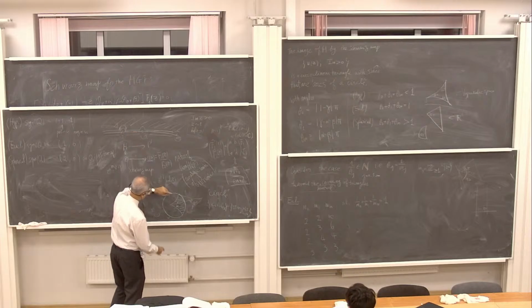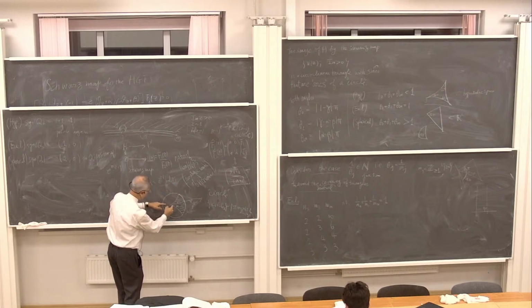Of course, if you consider this circle, this arc, then the conjugate with respect to this side will be different.